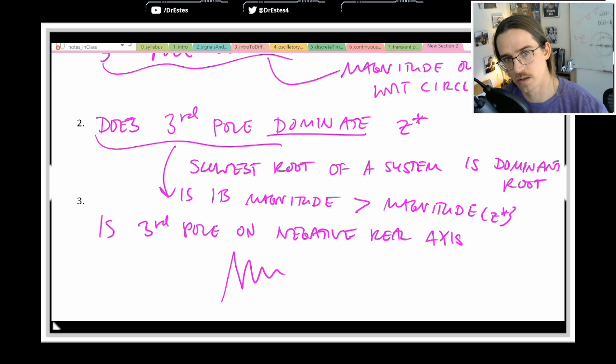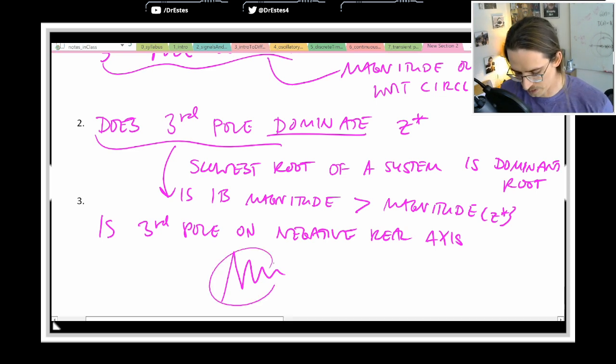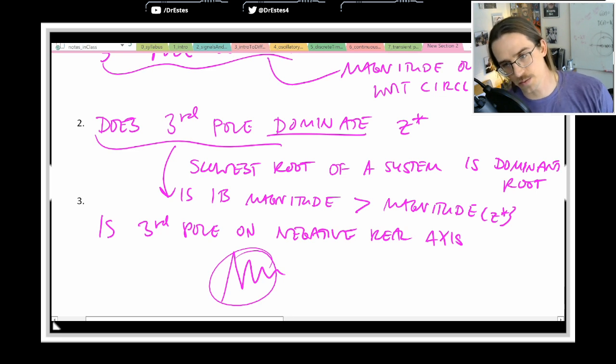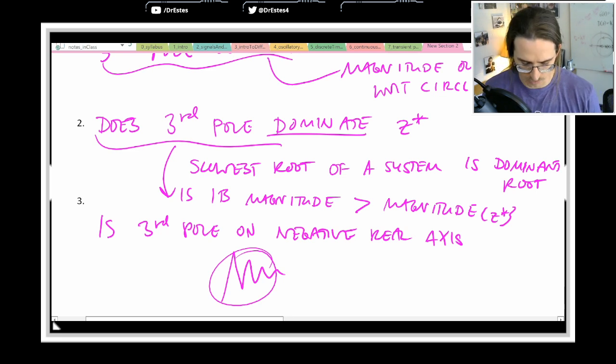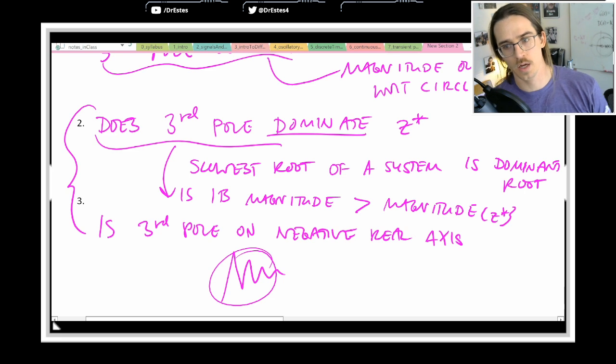But if that root decays really fast, like if it's on the negative real axis but it's close to the origin, then that means its dynamics die out really fast, and we won't really see a lot of this in the response. So actually, 2 and 3 are kind of related.